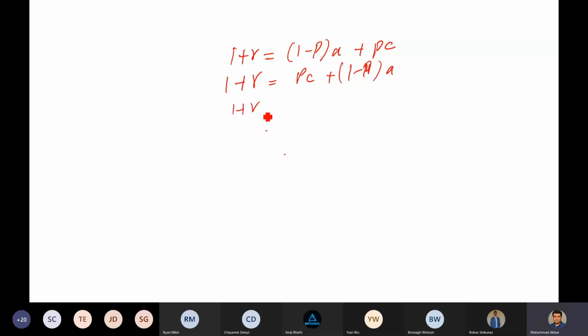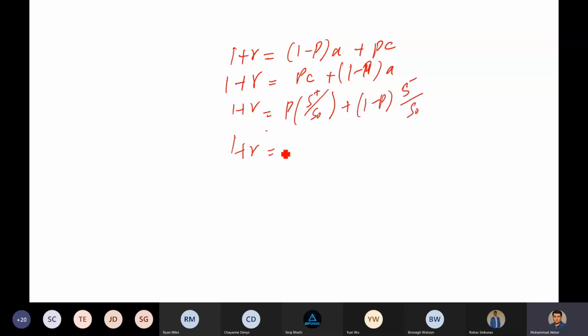So let me write it again. 1 plus R is equal to (1 - P)A plus PC, and rearranging, 1 plus R is equal to P into S plus divided by S naught plus (1 - P) into S minus divided by S naught.